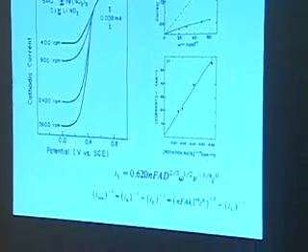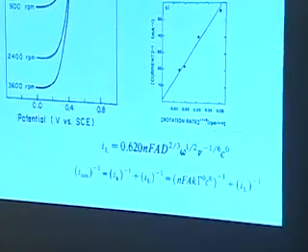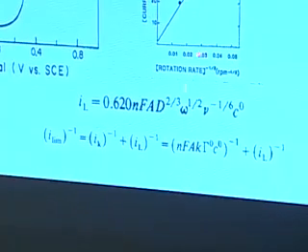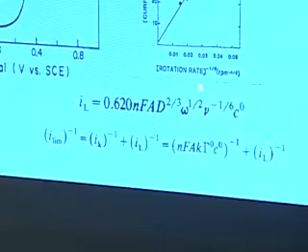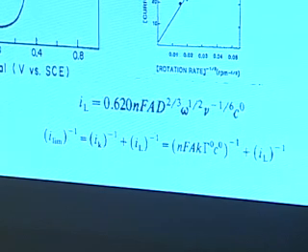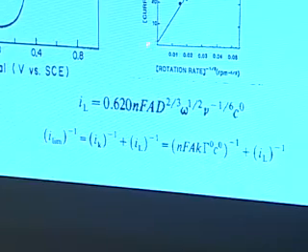So you replot your data now, not square root of scan rate versus current, but 1 over the square root of rotation rate, because that is the Levich functionality, versus 1 over the total current. And there's your linear plot, just like these guys say you're supposed to get, with a non-zero intercept.